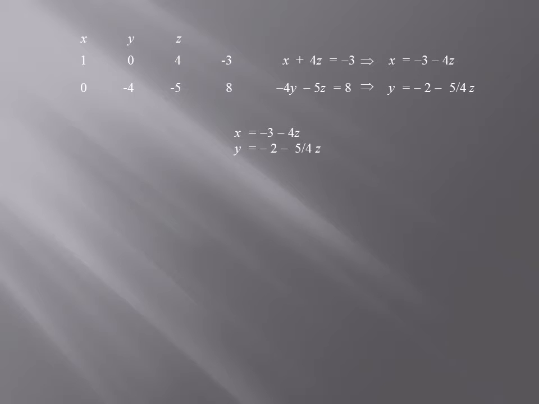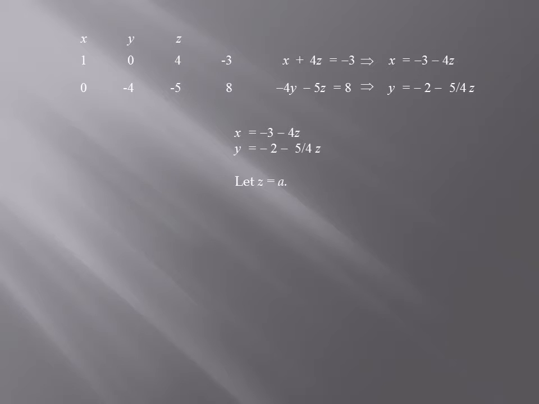Any variable on the right of either of those equations is a free variable. You're free to let it be any number you want it to be. The only variable on the right side is z. Let z equal a, where a represents any number.